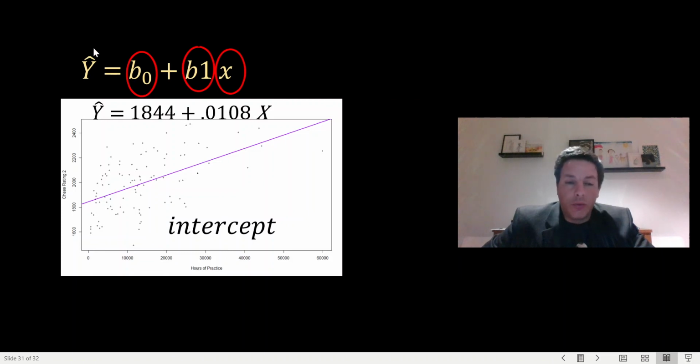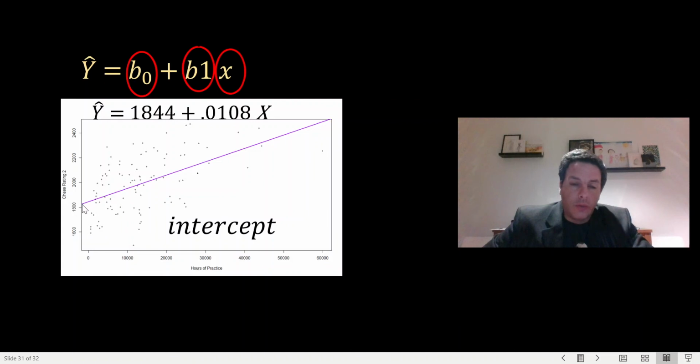So the prediction of y is given by this formula. B0 and B1 are parameters that are estimated by the data. How are they estimated? Well, I'll show you the exact calculation, but this equation will create this line here. And we need to come up with a line that minimizes the error of the prediction. We can draw an infinite number of lines, but there is only one that minimizes as much as possible the distance between the dots and that line.